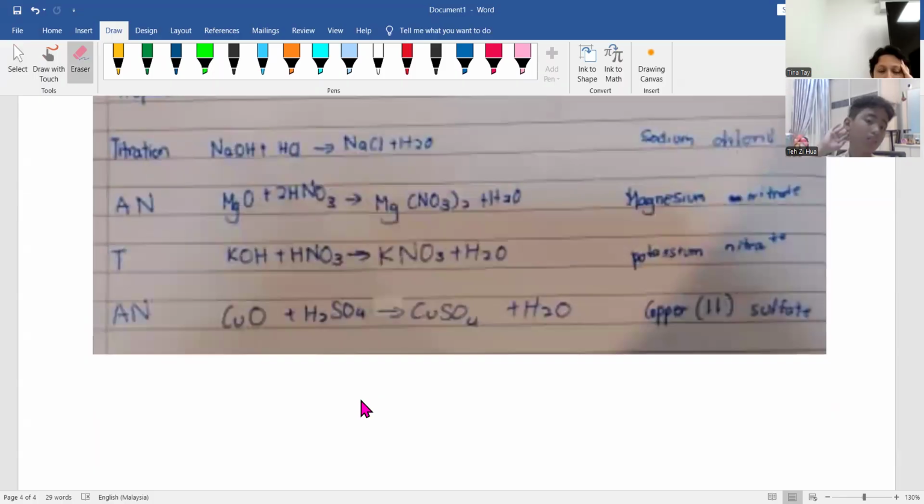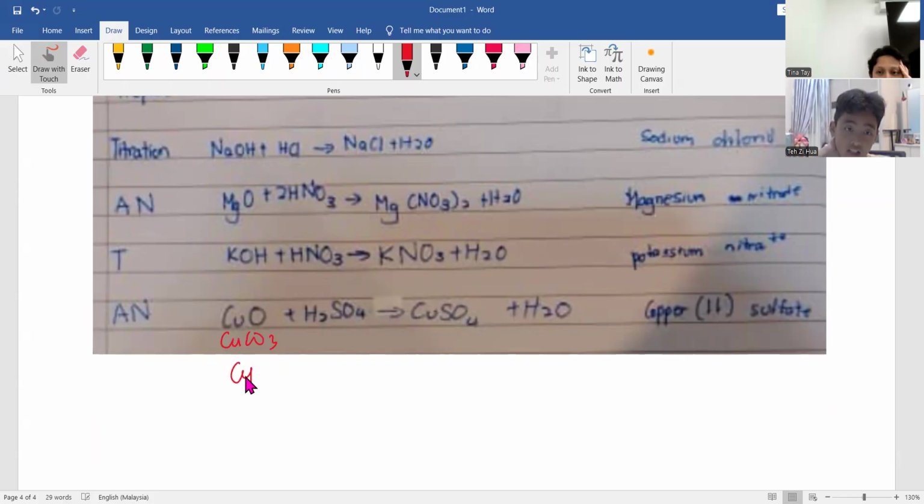Can I use copper carbonate instead if I wanted to? Can I use copper? No, cannot. Remember, copper doesn't react. Copper and silver do not react with acid: copper, silver, platinum, gold.